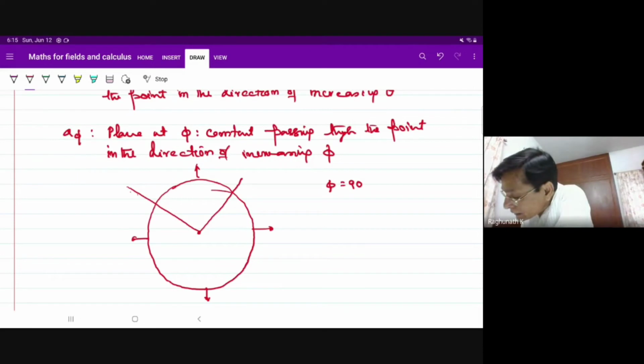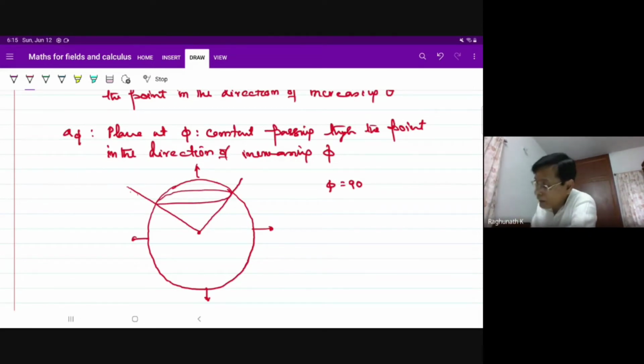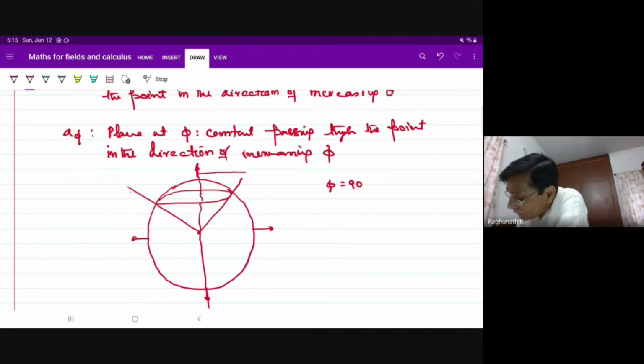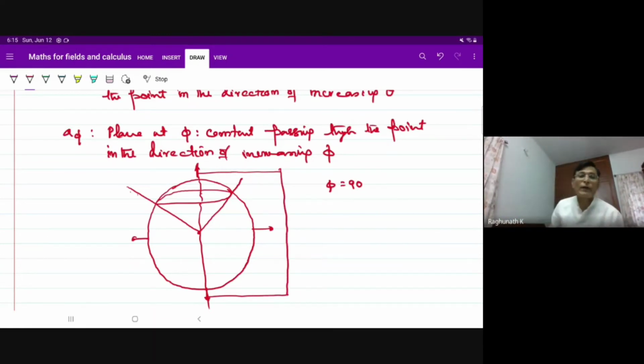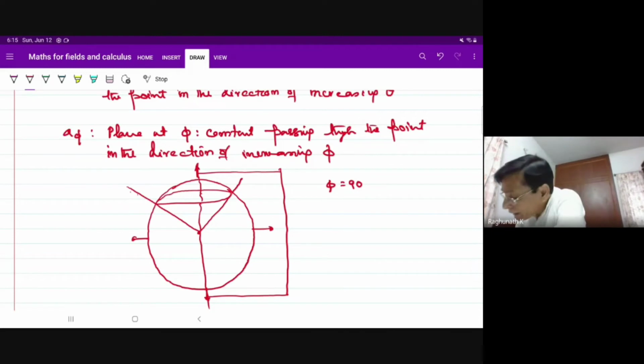It cuts it along the horizontal circle, and from z-axis, this is the plane. Very important for me. All are intersecting at this point, right? This is the point.